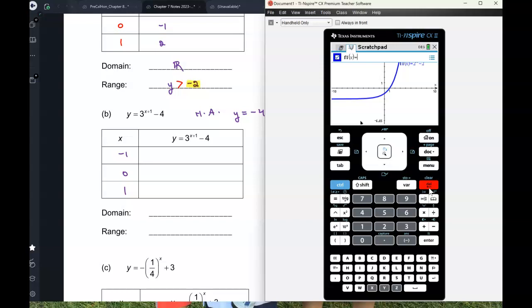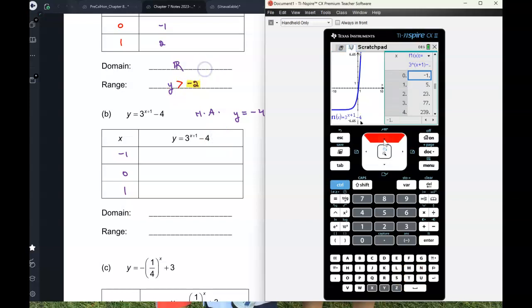Okay, so yes, but let's do this first. So 3 to the power of x plus 1. I just erased the function, and now I'm graphing the new one, and when I press enter, it'll replace. See? Okay, so Control T. For -1, we're at -3.